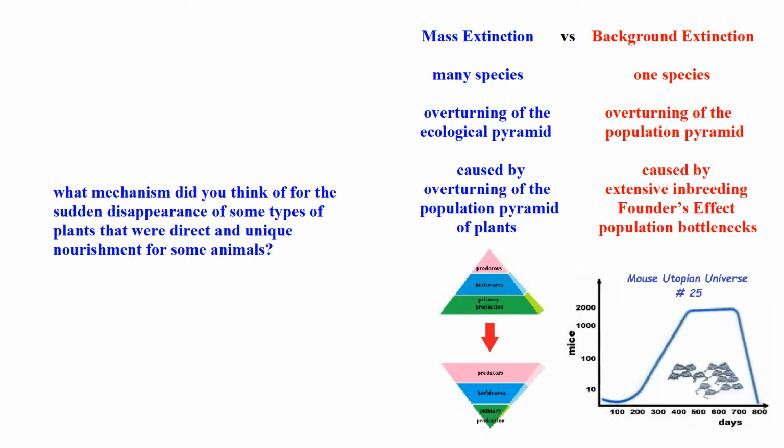A rabbit doesn't go from lettuce to bark or to Christmas tree leaves from morning to night. He can't switch overnight. And in the case of background extinction, what causes it are extensive inbreeding, the founder's effect, and population bottlenecks. That's in general terms.